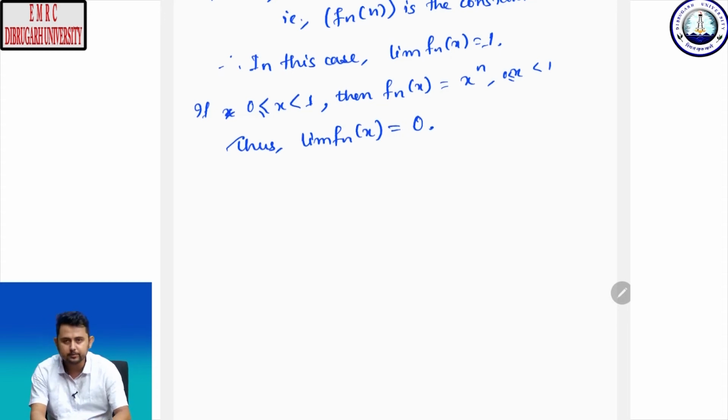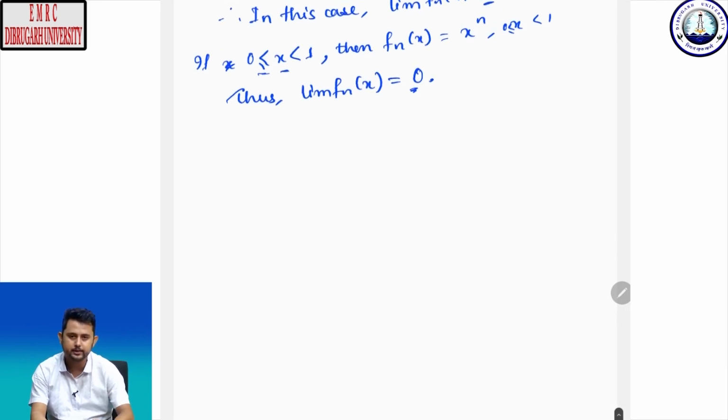As you can see, we have two cases. For x equal to 1, we have a limit 1, and when x was between 0 and 1, we have a limit 0. So, how will our pointwise limit look like?